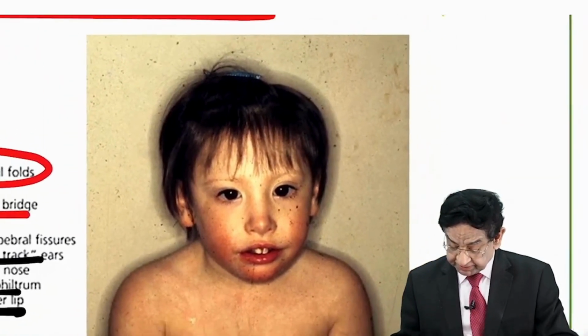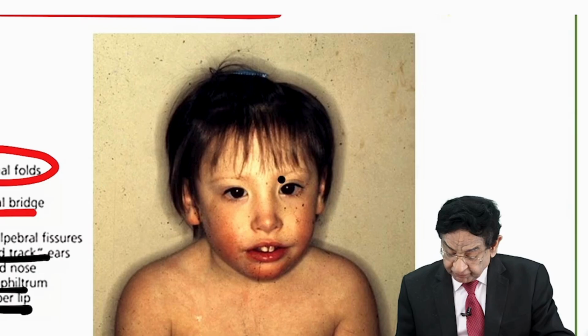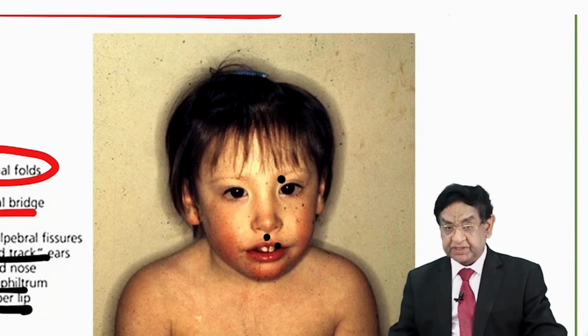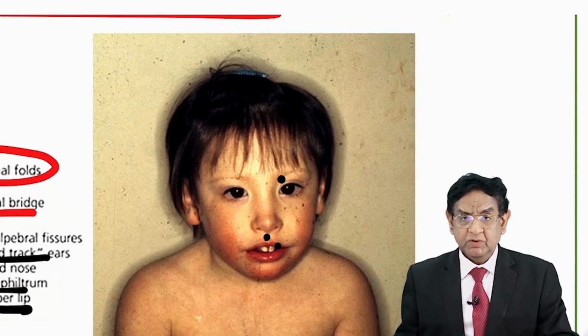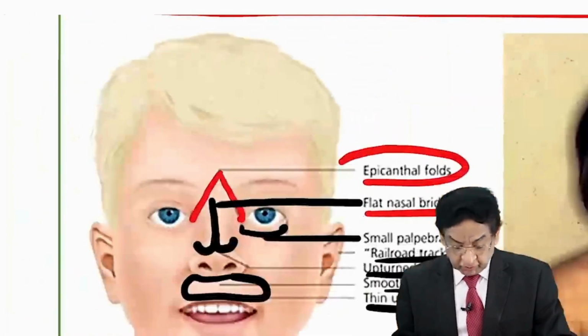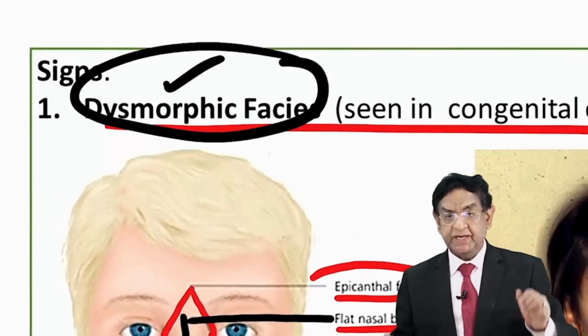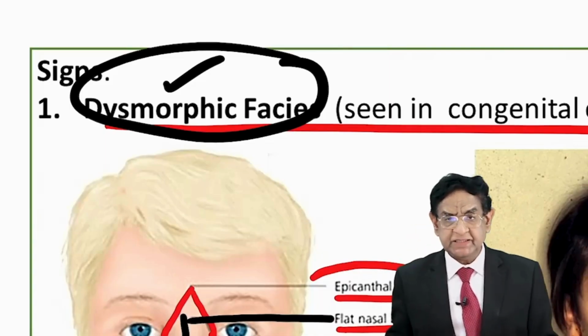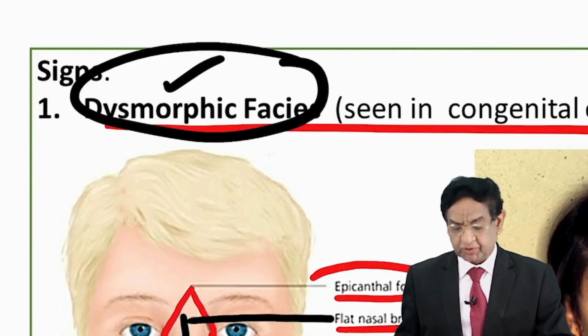You can see epicanthal fold, flat nasal bridge, small palpebral fissure. Some of the features are visible; ears are not visible. But the only thing you have to remember is dysmorphic faces. This is the only keyword you need to remember. The rest I just wanted to show you what dysmorphic faces look like.